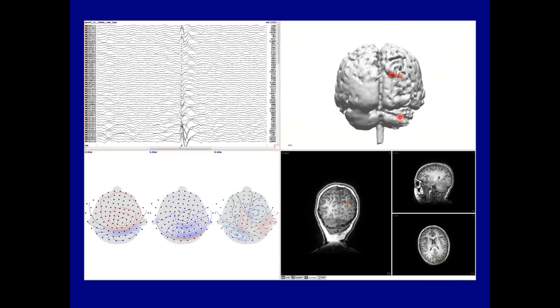But here is his predominant MEG spike, beautiful MEG spikes, nice dipolar field, localizing to the mesial aspect of this occipitoparietal cortex. Very nice tangential field.